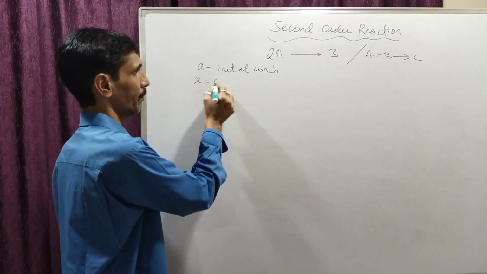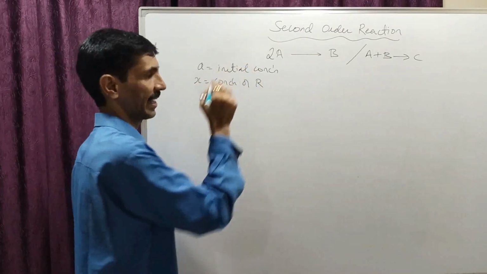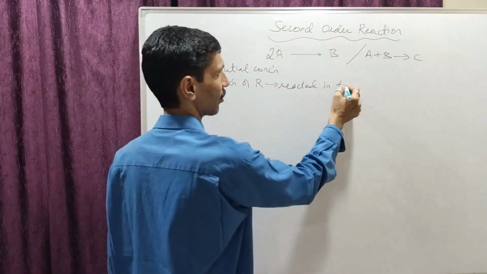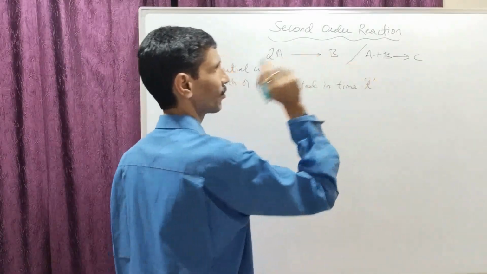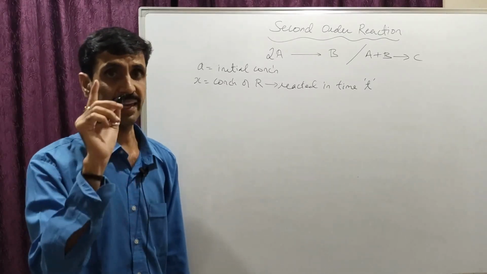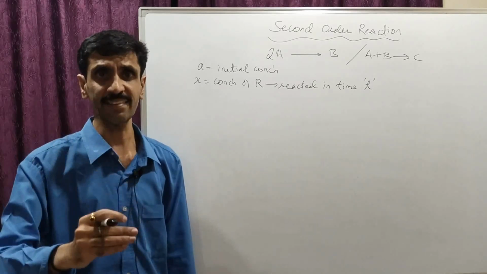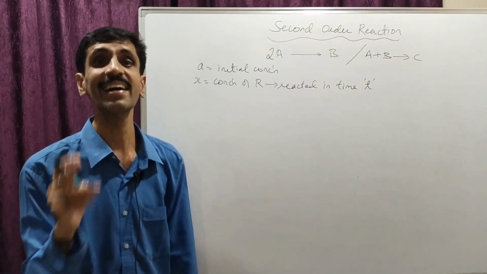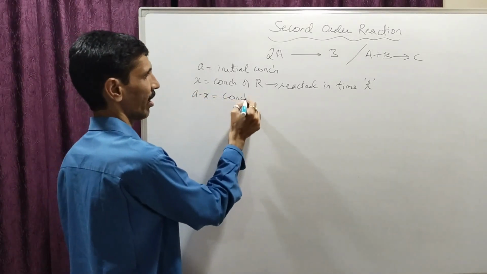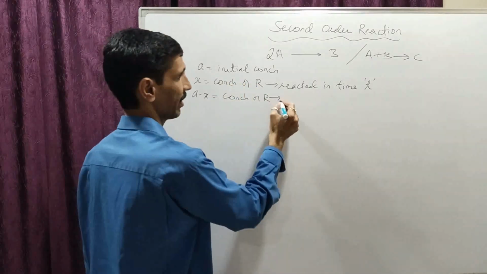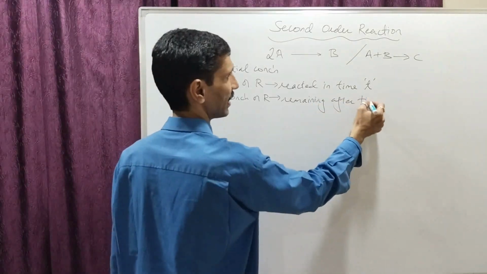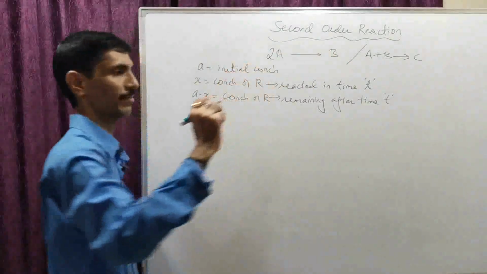Let X be the concentration of the reactants reacted in a particular time, and that is, say, t. Small t means time, capital T is temperature. Now A is the initial concentration, out of which X amount reacted, so how much is left? Yes, it's A minus X. So A minus X is the concentration of the reactant remaining after the time t. Okay, remaining after the time t.